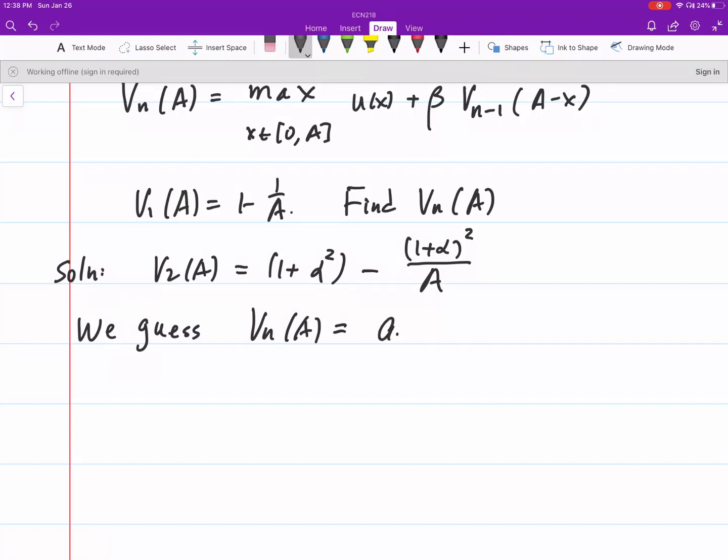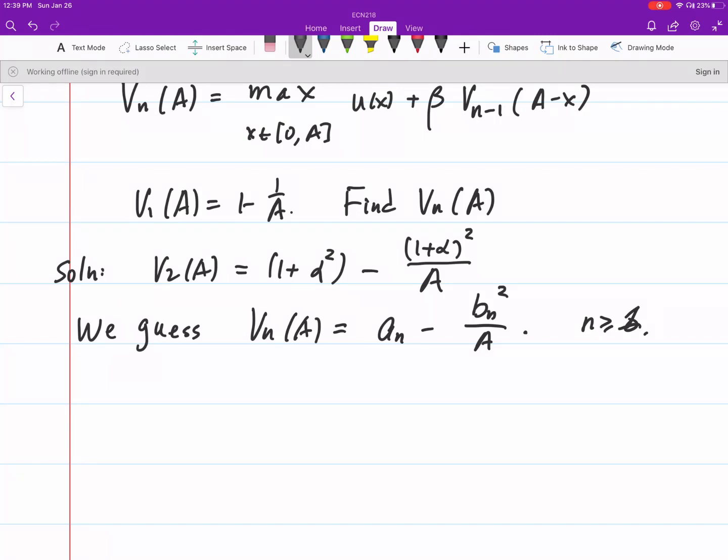That means we can write An minus Bn squared over A. Our task now is to determine if we can find these two sequences of numbers, for n bigger than or equal to 1. How do we do that?